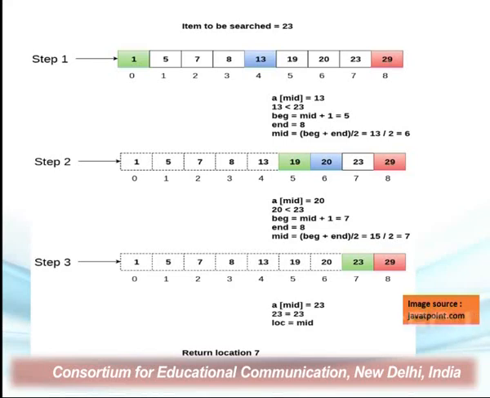In this way we are taking advantage of the sorted array: every time we are dividing the array in half. If the element is not found at the mid, we take the first half or the second half, and we repeat this idea with either half.